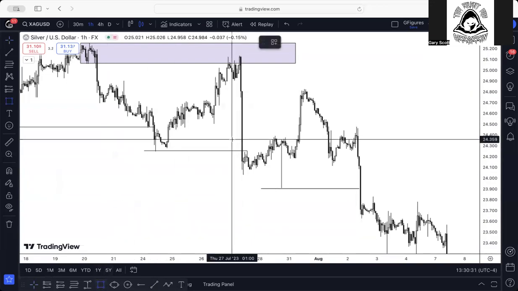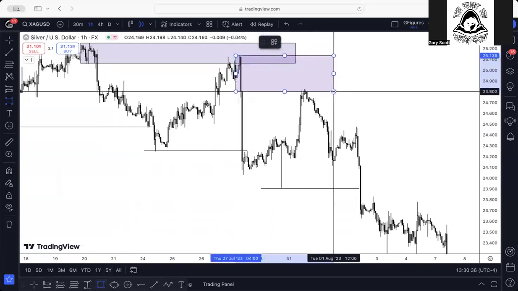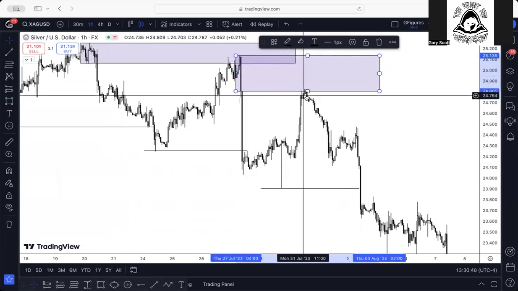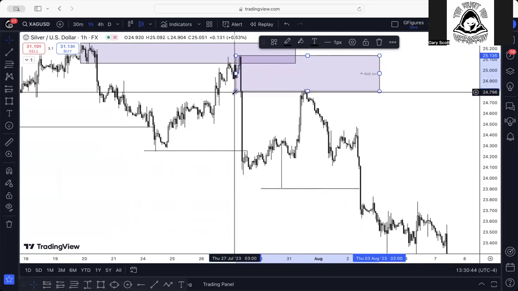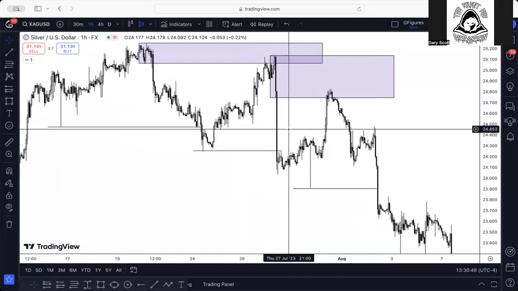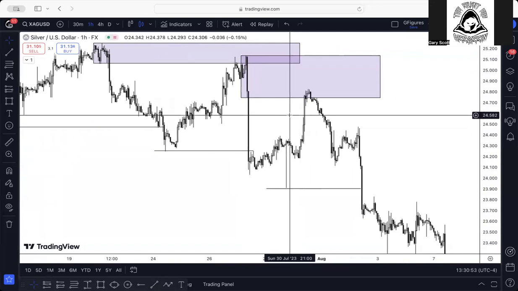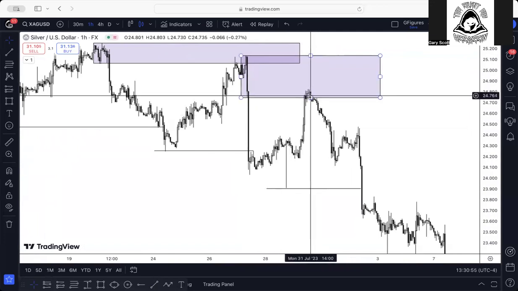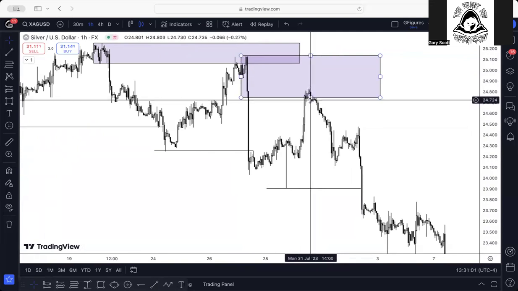And if you see here, from the wick of the buying candle to the body of that selling candle, that can become your order block, or the entire candle in itself. You can put it at the body or at the wick, but you have to know that that is also considered an order block zone. And if you see, price came here, price closed below that zone with that bearish candlestick.